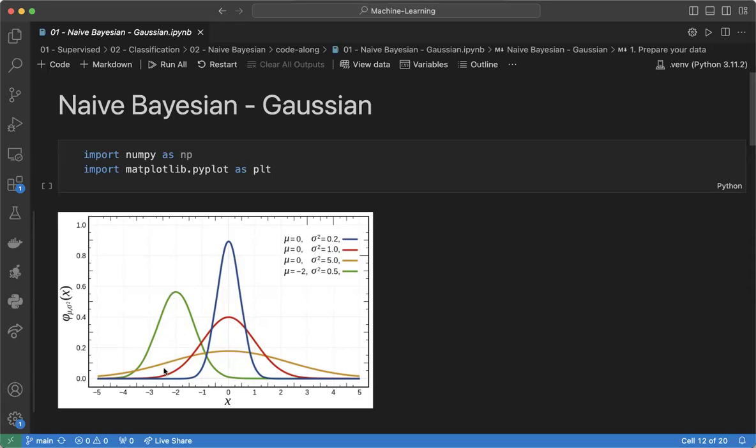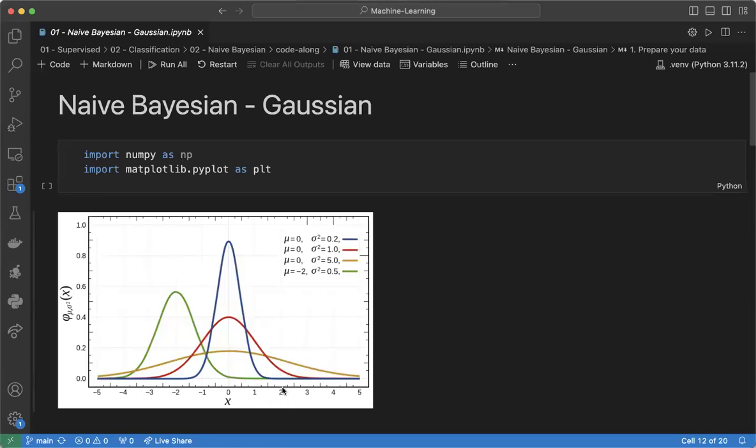But for the blue class, most of the samples lie around a mean of 0. This is a very nice distribution of four classes.